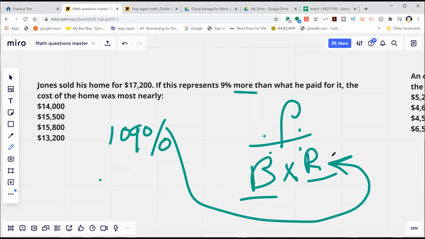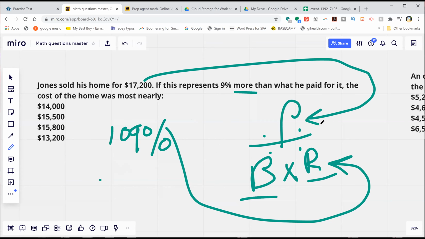So if we take the rate of 109% and then we take the part, and why do we know it's the part? We know it's the part because the part is always bigger than the base when the rate is greater than 100, okay?